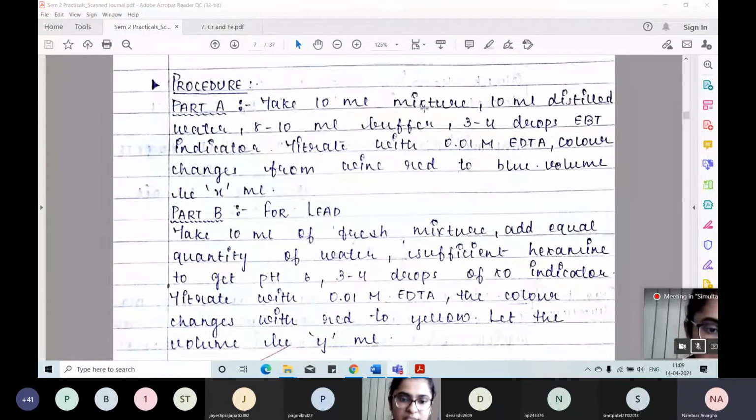In the second case, जैसे कि in previous practical आपने perform किया exclusively for zinc, अब इसमें your part B is exclusively for lead, जो आपका 6 pH है.